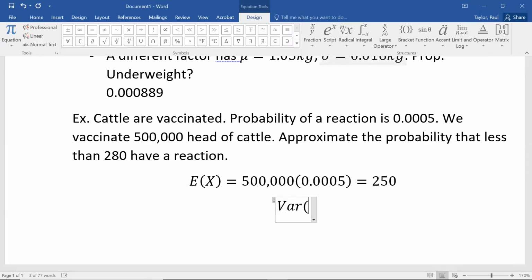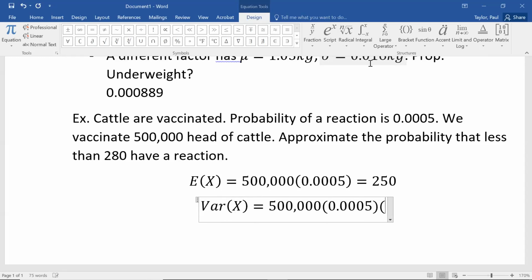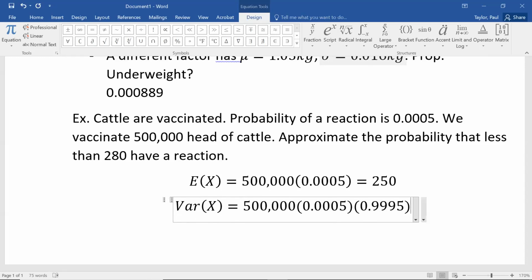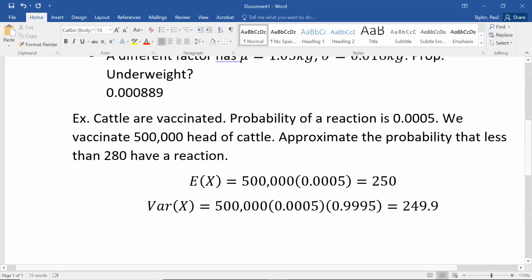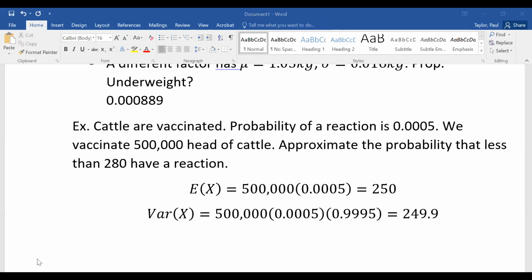Okay, what about the variance? You need to remember the formula. It's 500,000 times the probability of a hit times the probability of a miss. So that's 0.9995. That gives us the variance, and this comes out to 249.9. We do need to know the standard deviation.